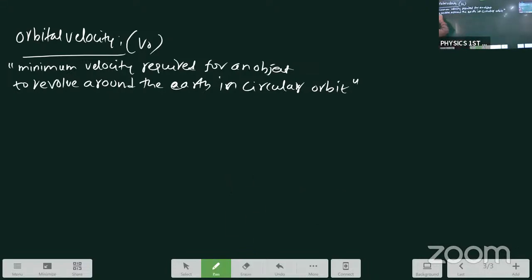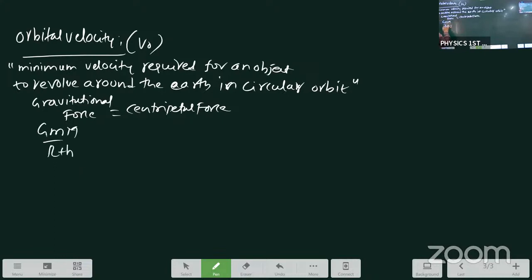Then point number 1: after the definition of orbital velocity, in the equilibrium position, gravitational force provides centripetal force. So gravitational force GMm by (R+h) whole square equals centripetal force mv square by (R+h). m and (R+h) cancel each other.